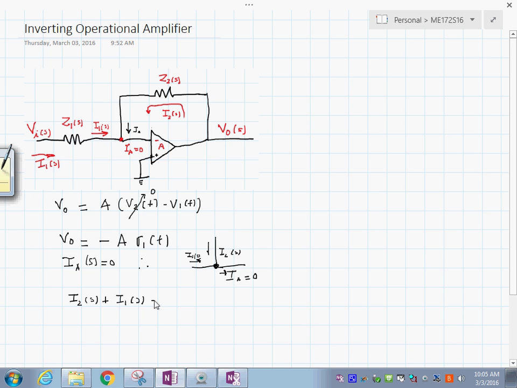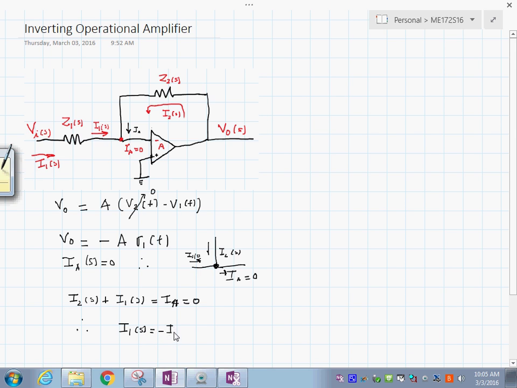So if this is true, I sub 2 is equal to minus I sub 1, or you could do it the other way also.